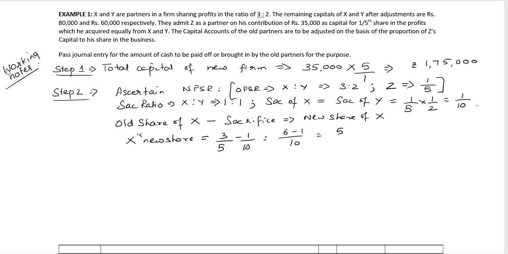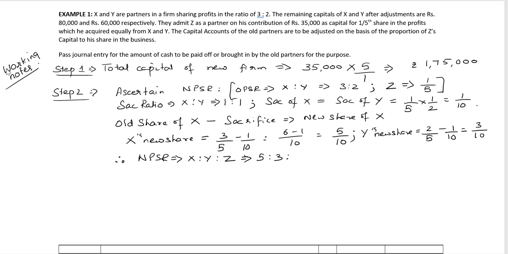So we get 5 divided by 10 as new share of X, and new share of Y is old share of Y, which is 2 divided by 5 minus 1 divided by 10, which is equal to 3 divided by 10. Therefore, the new profit sharing ratio between X, Y and Z is equal to 5:3:2. 1/5 will be written as 2 divided by 10.